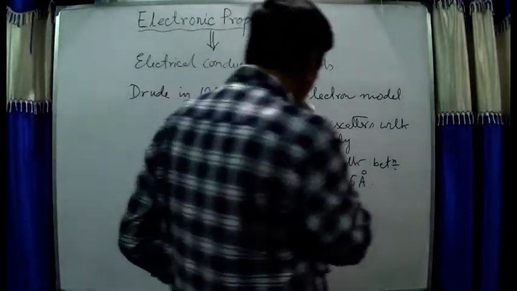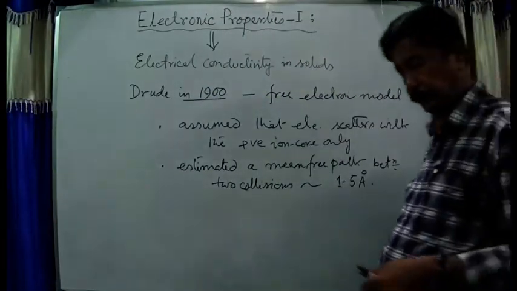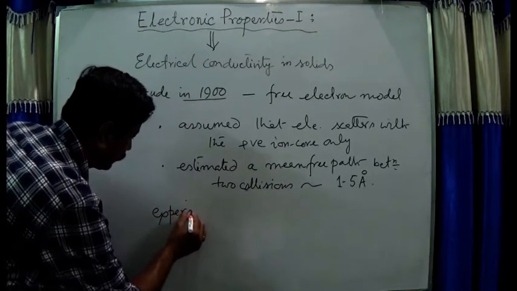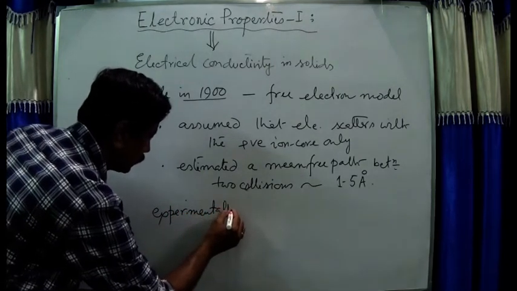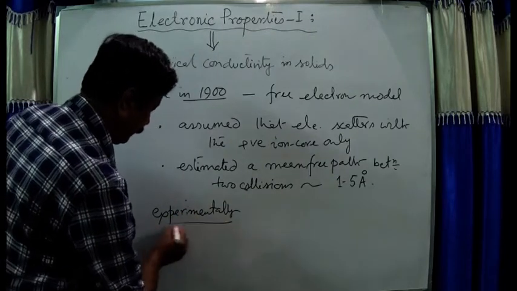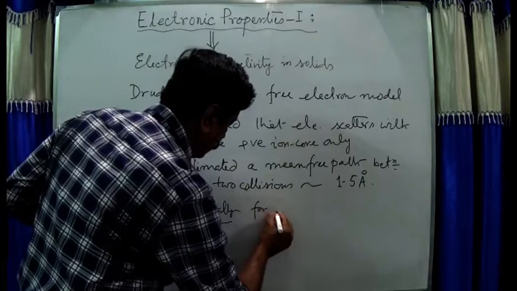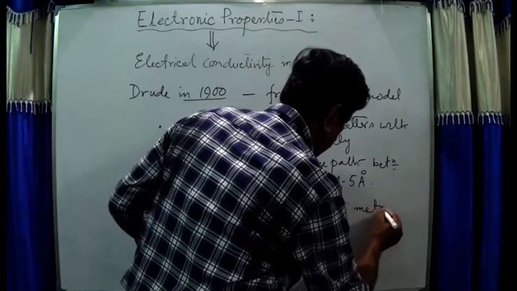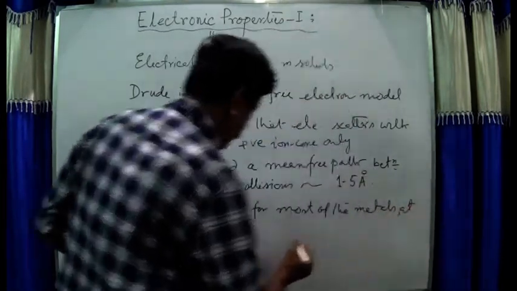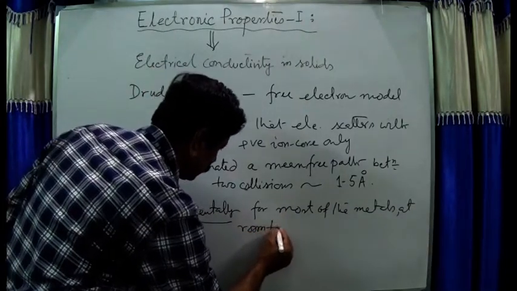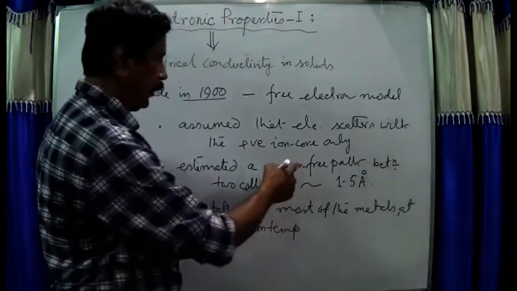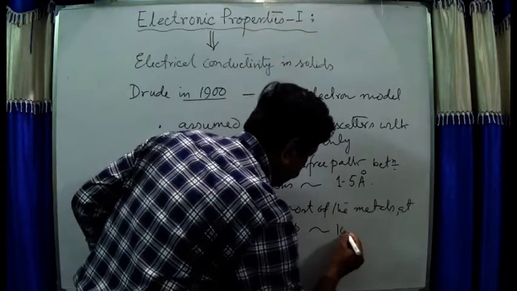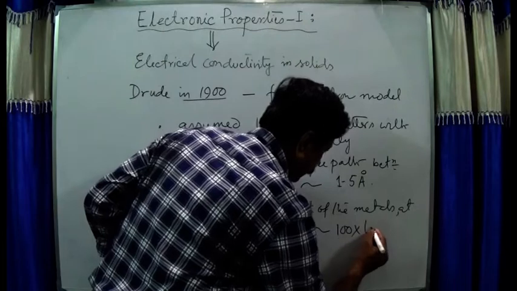But what is observed experimentally? Experimentally, for many metals, for most of the metals, at room temperature, this mean free path length is of the order of 100 times larger.